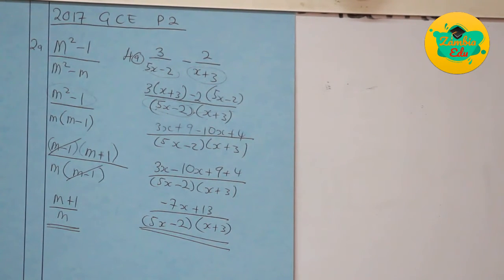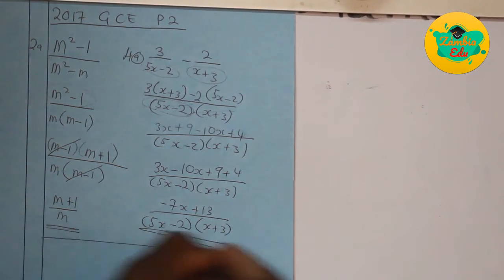The next question on algebra in 2017 GCE was question 10C. Question 10C says simplify p squared q cubic over 4 times 8 over pq divided by 2p squared q. So I'll write that for us here.